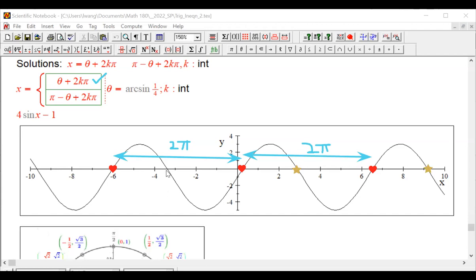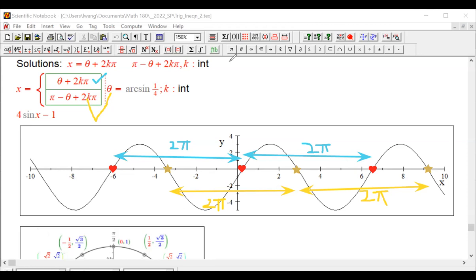Between the stars, the difference is 2 pi, and they're expressed using this piece. Okay, so now we have the points clarified, right?